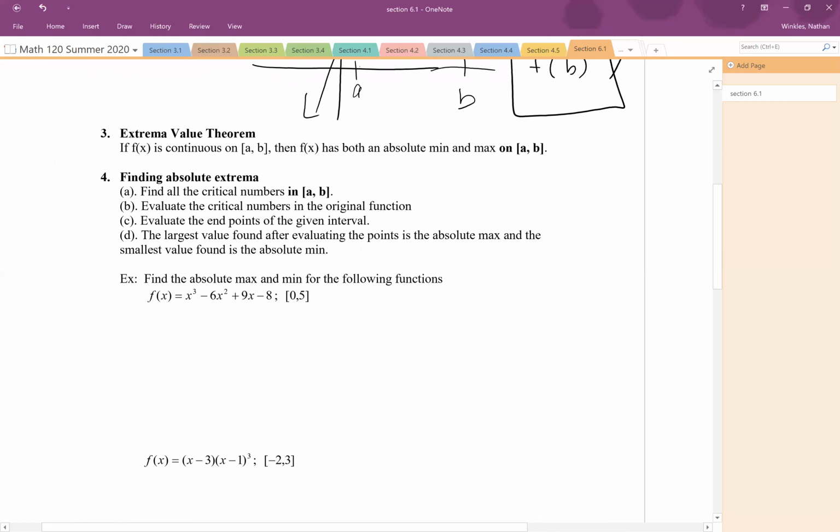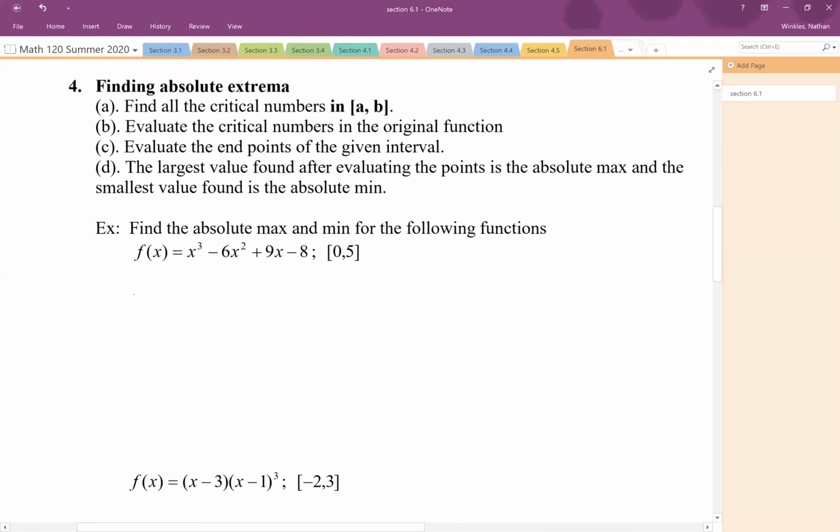So first step here, f of x equals x cubed minus 6x squared plus 9x minus 8 on the interval from 0 to 5. So f prime of x is 3x squared minus 12x plus 9. We need to set this equal to 0 and solve for our critical numbers. So we can factor out a 3.